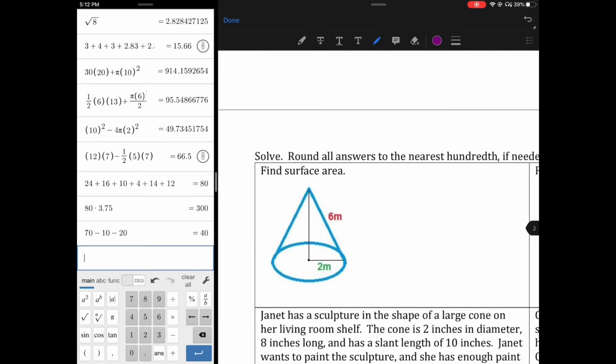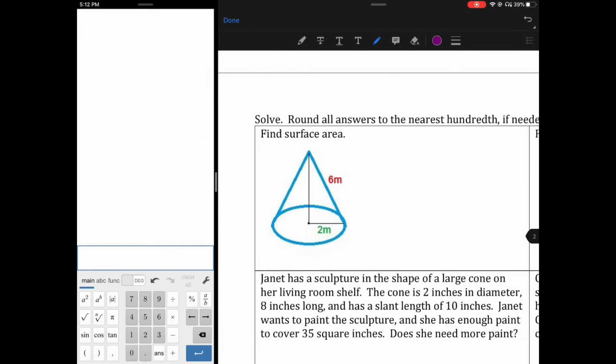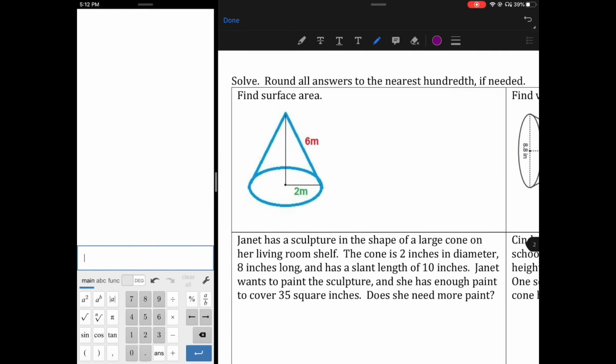And now I'm going to move on to my surface area and volume, and this will be the last page that you guys have to do. So my first problem wants me to find the surface area of a cone. If you look on your formula sheet, it tells you that surface area is equal to pi r squared plus pi r L, where r is the radius and L is the length of the slant.